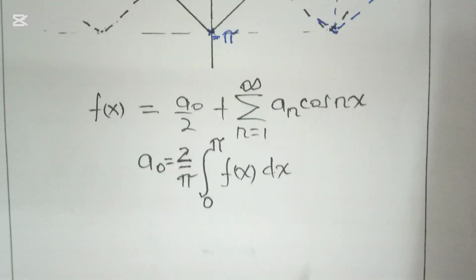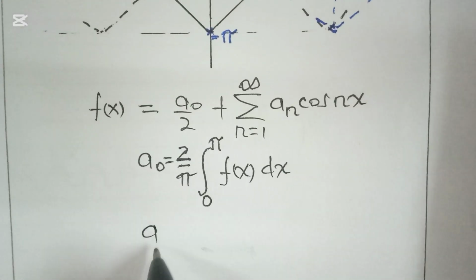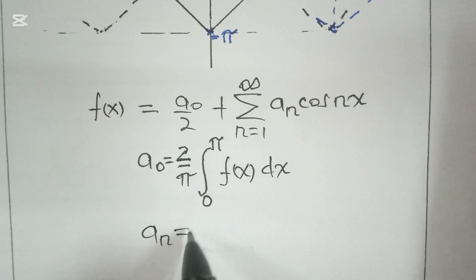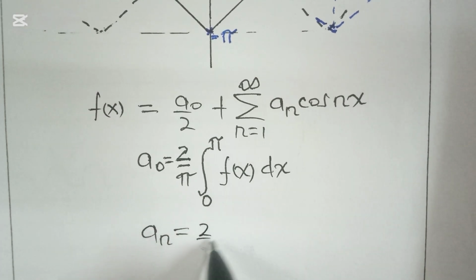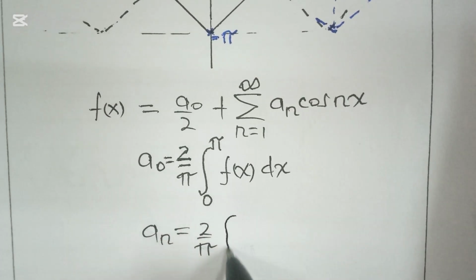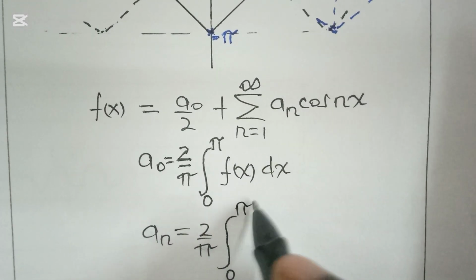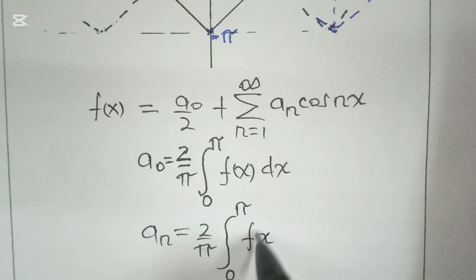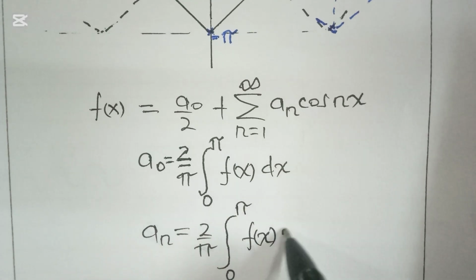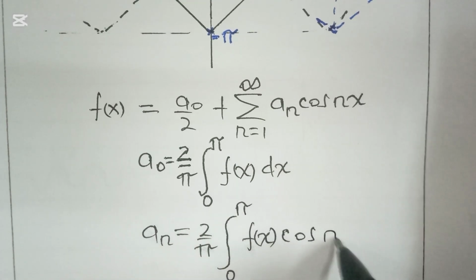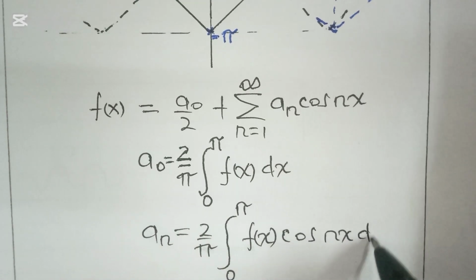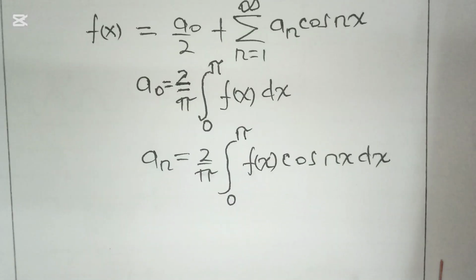For the an, we have an equals 2 all over pi, integral from 0 to pi, f(x) cos nx dx.